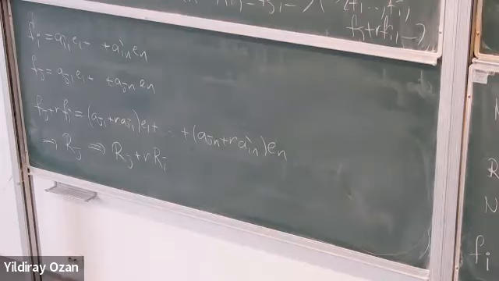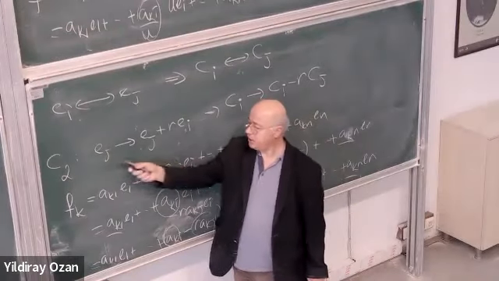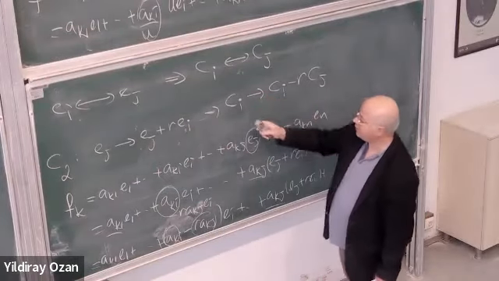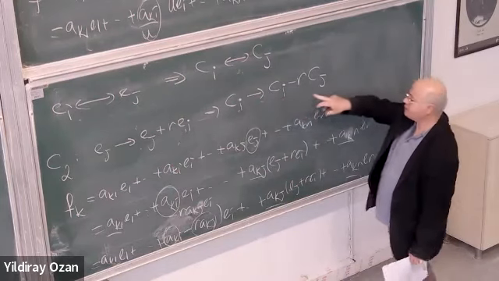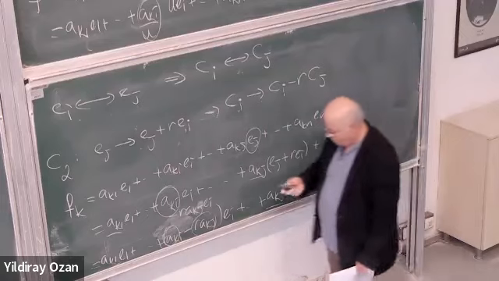So this operation, if you replace E_j by E_j plus r times E_i, that corresponds to the following: the jth column is replaced by this column.